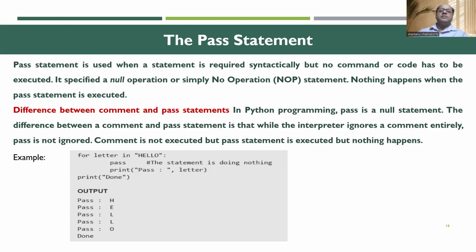There is a pass statement, which is used when a statement is required syntactically, but no command or code has to be executed. That is where we use a pass statement. The pass is basically a no operation statement, or you can call it a null operation statement. Nothing will happen when a pass statement is executed.